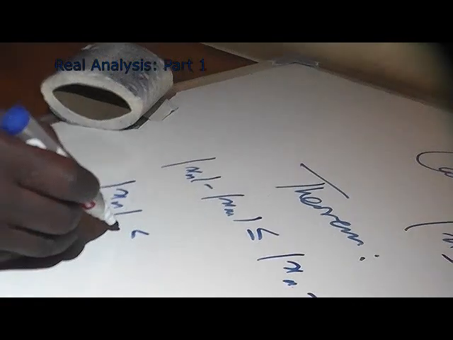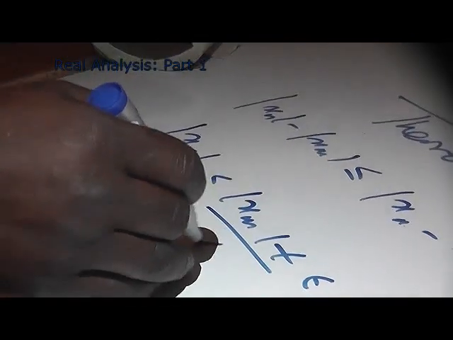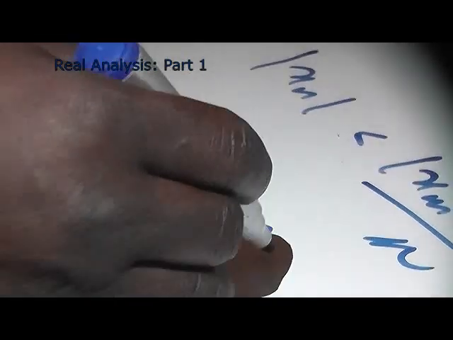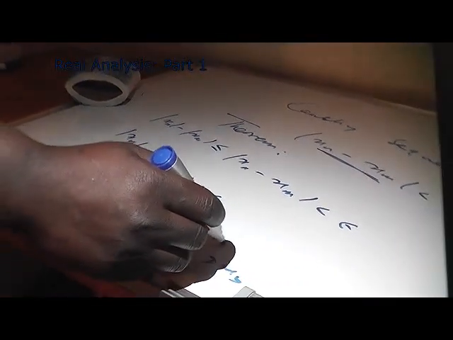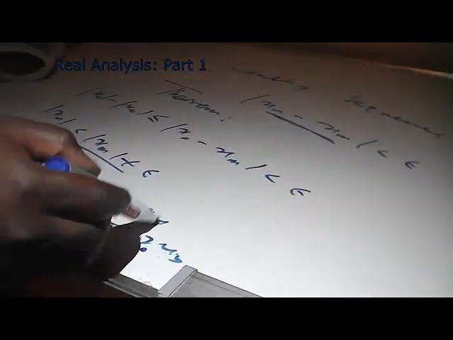By the triangle inequality, |xn| is less than |xm| plus epsilon. As we have seen earlier, we call this M. But to clear it out, we say the maximum of x1, x2 up to xN minus 1, and xn is less than this, so we replace it. N minus 1 we replace by capital N.